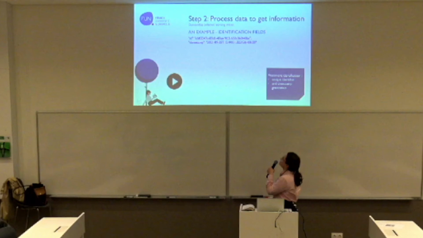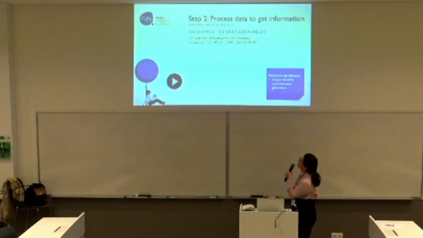So in an xAPI description of a learning trace, you have these two fields: the ID to identify the statement, and the timestamp, which is the time when the action was made in the system.